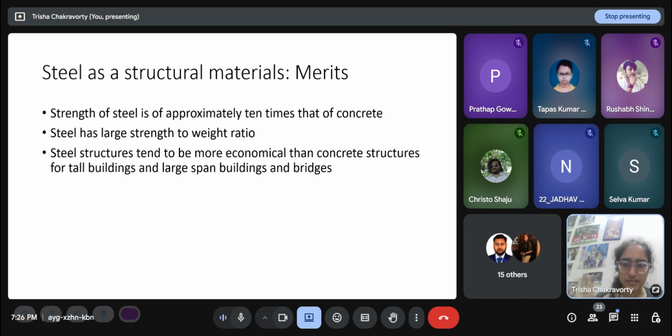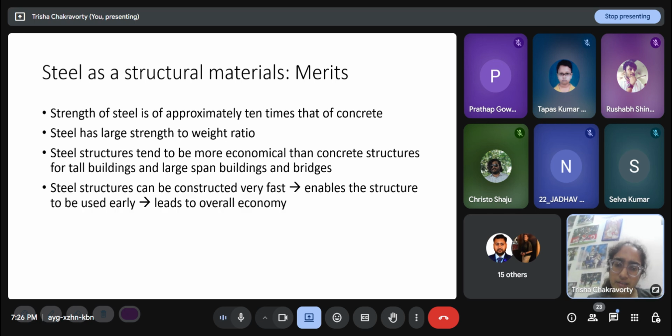We have to give shear walls, which are huge stretches of concrete, so that will automatically hike up the cost. So for small buildings, for residential buildings, steel structures is an overkill. It will be more expensive, but the more demanding the structure becomes, the more economical steel structures tend to be because its strength to weight ratio is high.